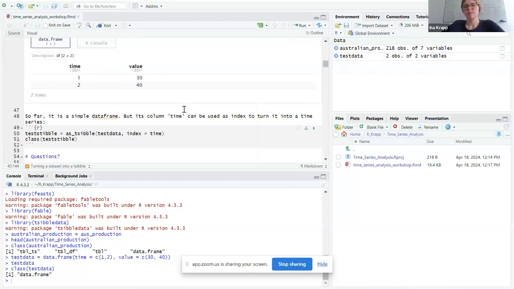Now, if we want to make sure that it is recognized as containing a time series, we will have to turn it into a fable. And there is the fable command for it, which requires us to define which column contains the information on the time.